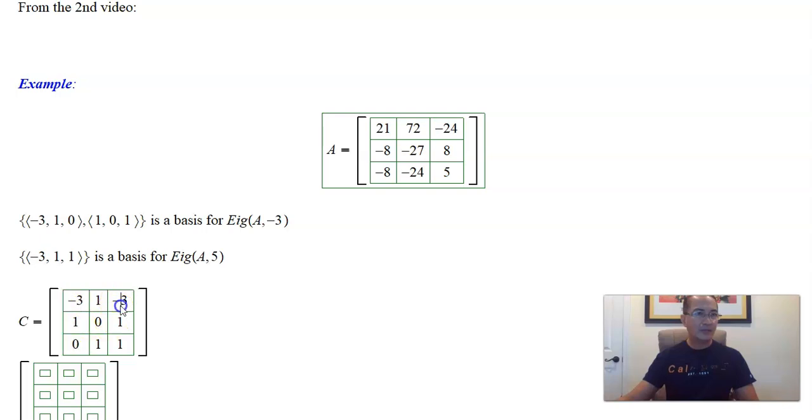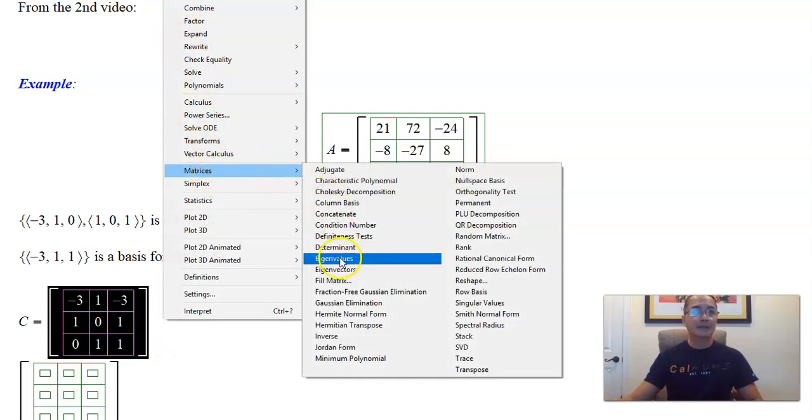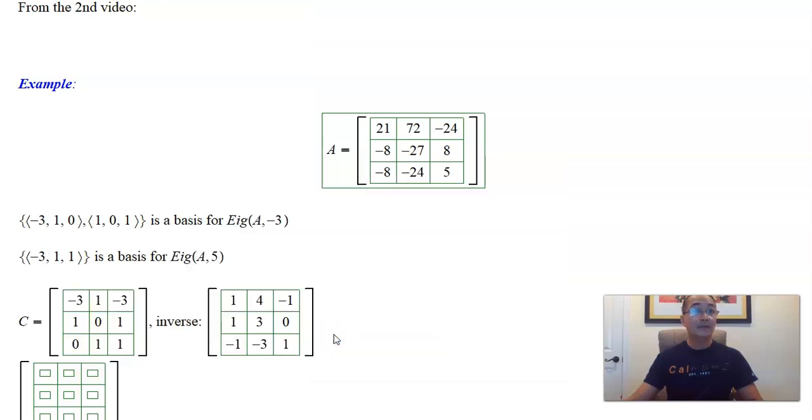Yeah, these two columns are almost parallel, but not quite. Are you invertible? Compute matrices, inverse. Ooh, we've been lucky. This is the second matrix that we got whose inverse is also all integers.